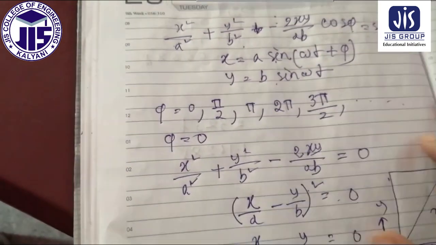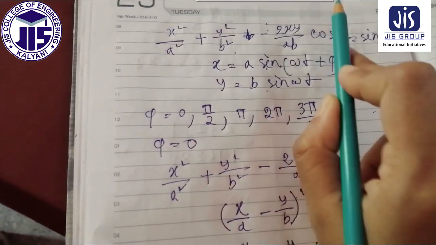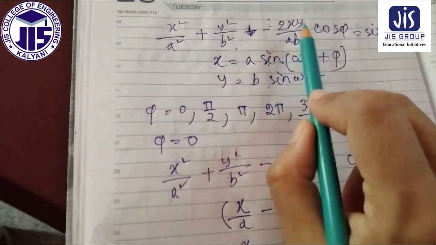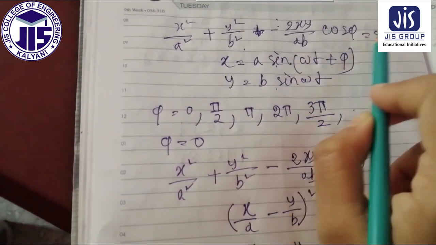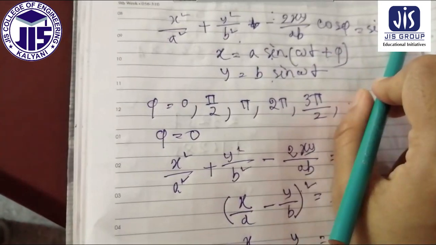Because if you go to the main equation, cos pi by 4 means 1 by root 2 into 2xy by ab, and sin square phi means 1 by root 2 whole square, which means half.